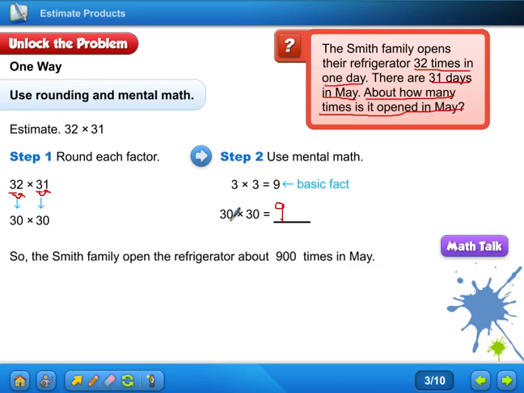And all you have to do is, how many zeros do I have over here? I have 2 zeros. So I'm going to put 2 zeros. So I know 30 times 30 is 900. So the Smith family opens the refrigerator about 900 times in the month of May. Wow, that's a lot of times.